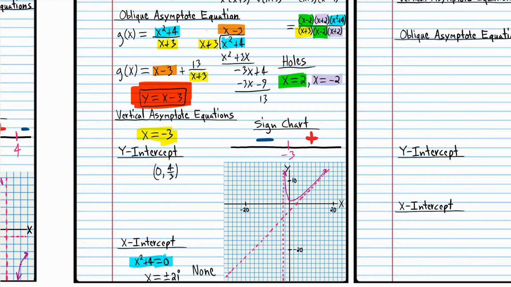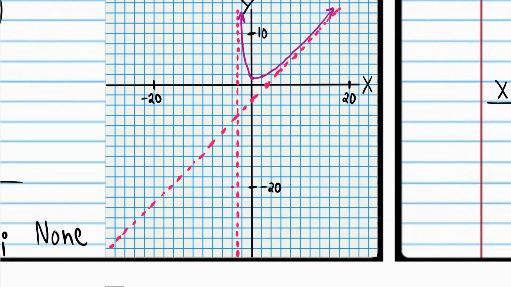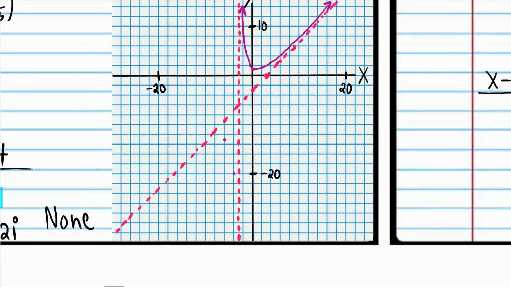So 40 divided by 3, and we get -13.3. So 1, 2, 3, 4, 5, 6. 1, 2, 3, 4, 5, 6, 7, 8, 9, 10, 11, 12. Approximately there. And we can probably connect the dots at that point. We have a good enough feel for where the graph is going to be.